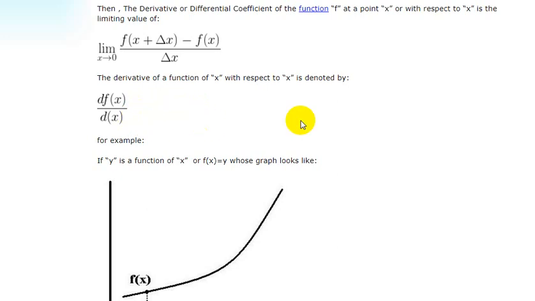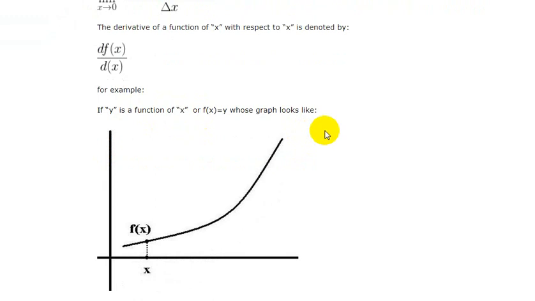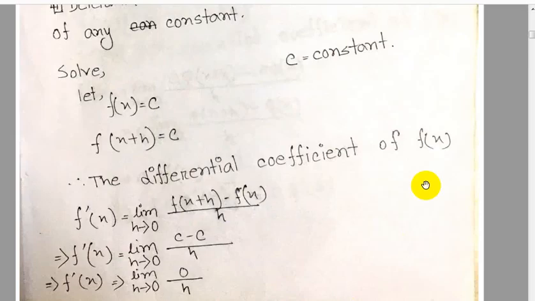Okay, so we understand that with the solving technique, we can determine the rate of change of any function f of x. Okay, so let us look at some examples with the differential coefficient. Here we will determine the differential coefficient.